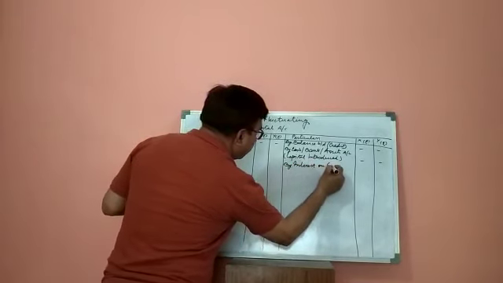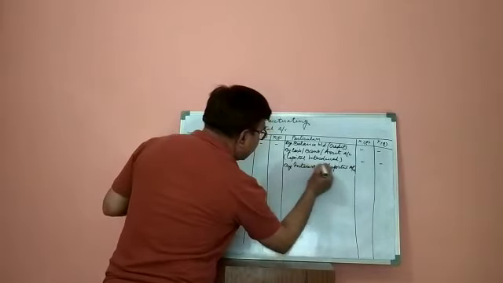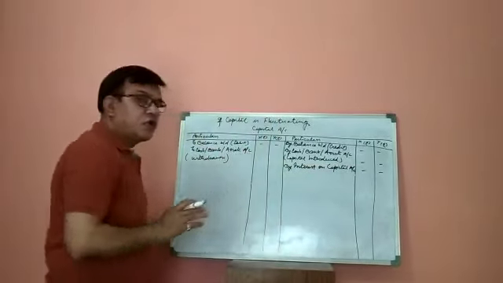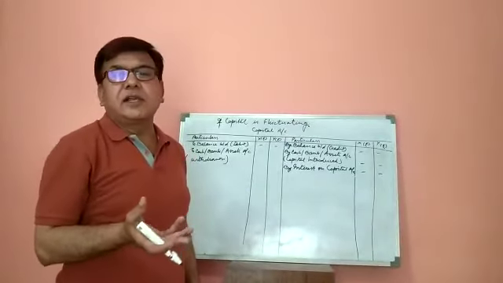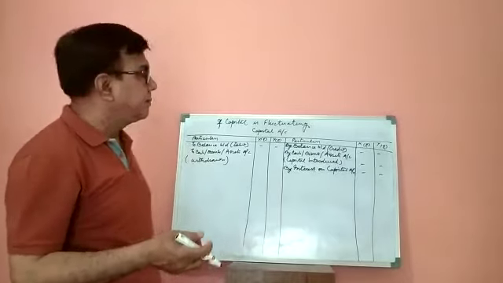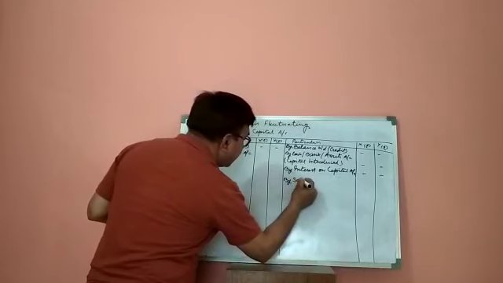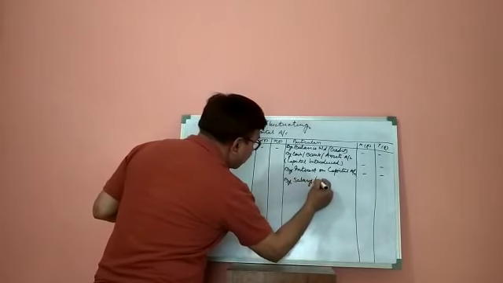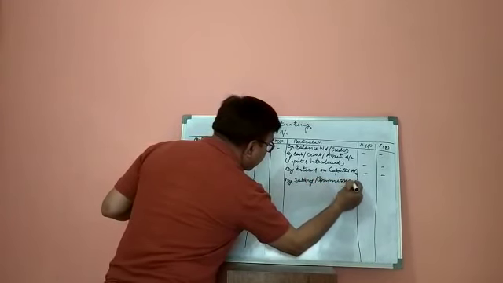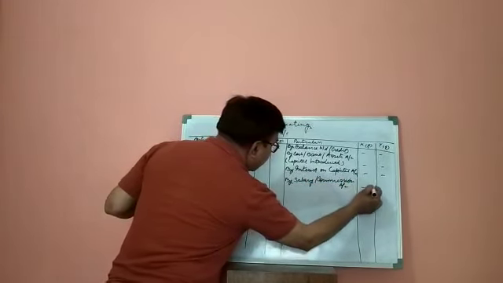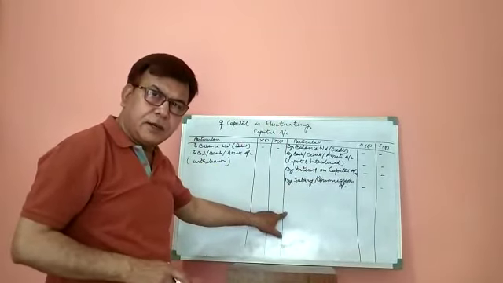So by interest on capital, there will be no interest on current account because there is no current account. If the capital accounts are fluctuating, then there is no question of current account. Right? Then by salary or commission, as I told you, we may write separately salary here and commission here.